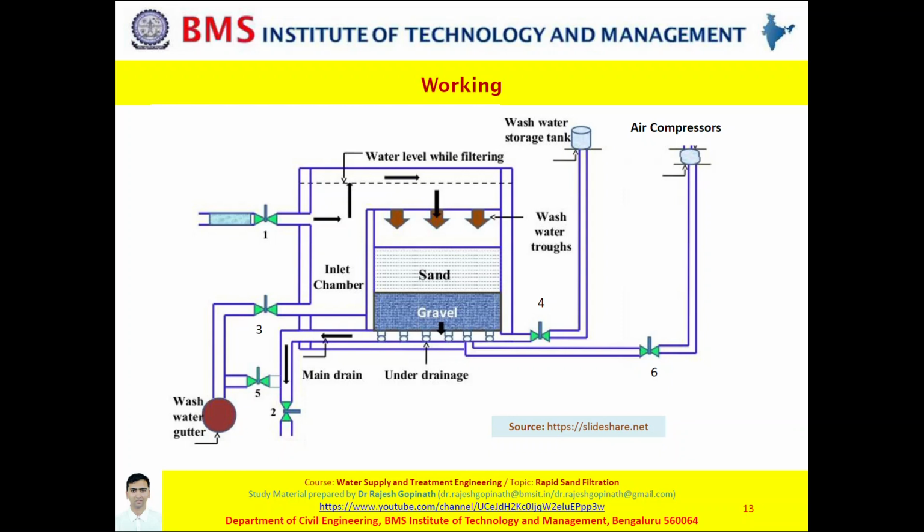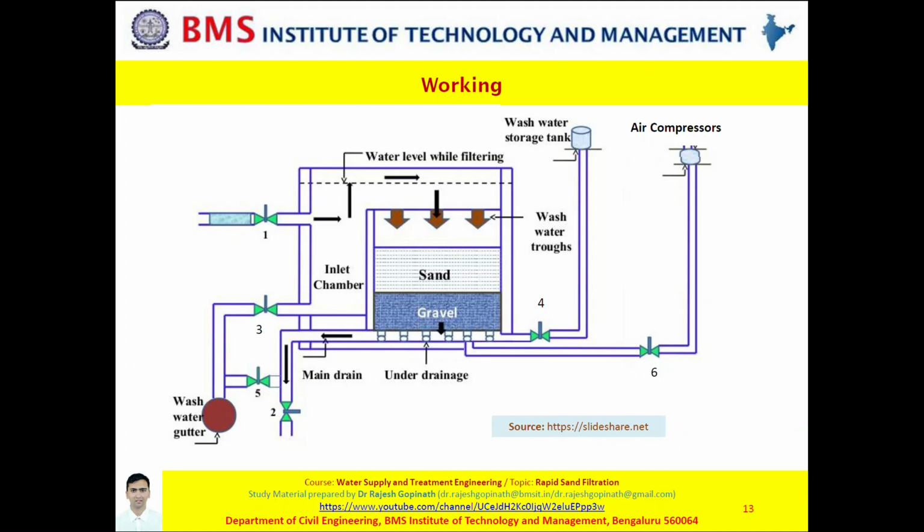So the water gradually moves down by gravity over the filter media into the gravel. During this process, filtration takes place. From the gravel, the water enters the laterals. From the lateral, it enters into the main drain.